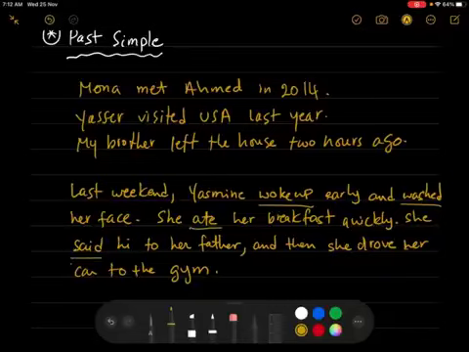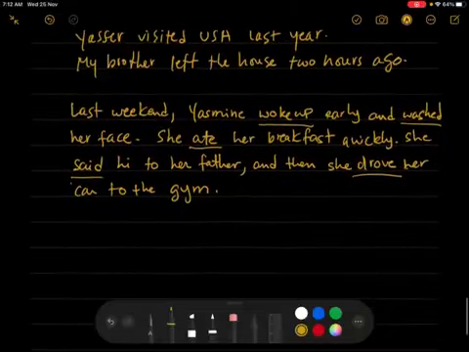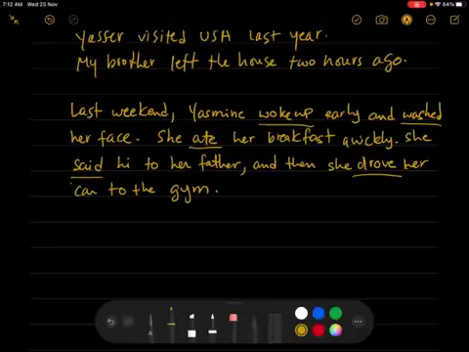She ate her breakfast quickly. She said hi to her father and then she drove her car to the gym. So we can use the past simple to express many actions, all of them happened in the past, one after the other. For all of them, we can use the past simple. Okay?